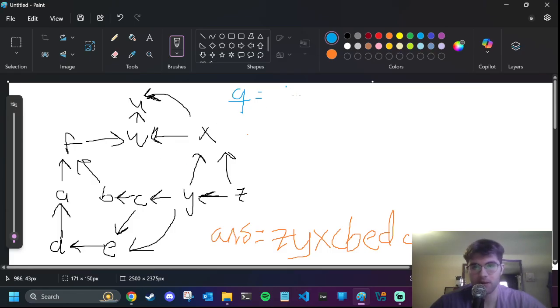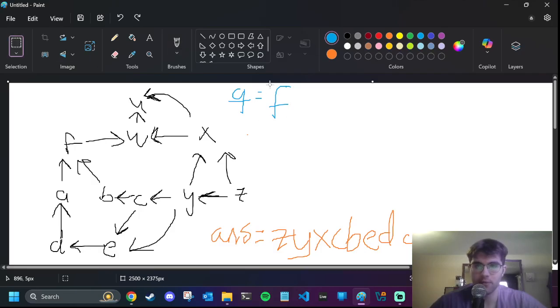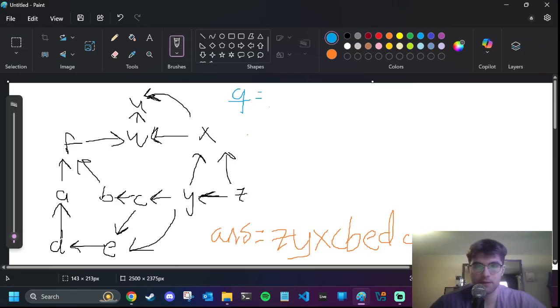We just popped A, so now we add F because its requirements are both fulfilled now. When we added A, this counter went down to 0. So now we have F. Okay, then we pop F, and that makes U's counter go down to 0. So when we explore it as a neighbor, it's now 0.